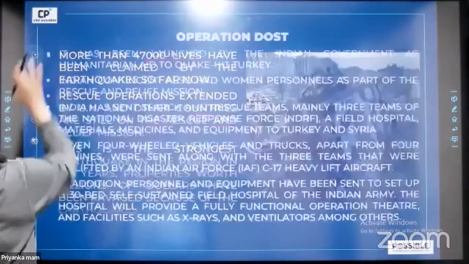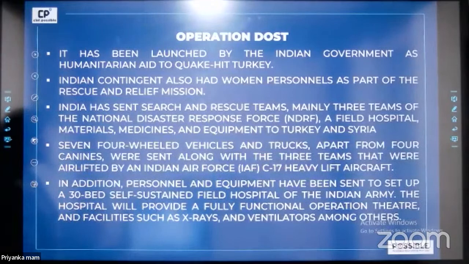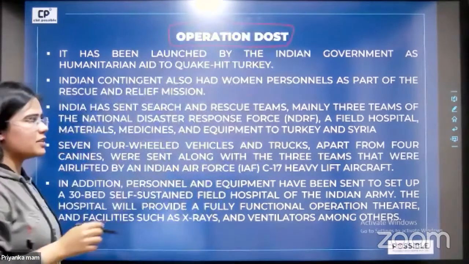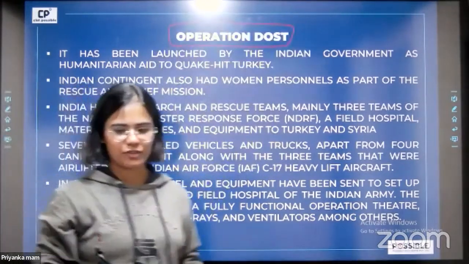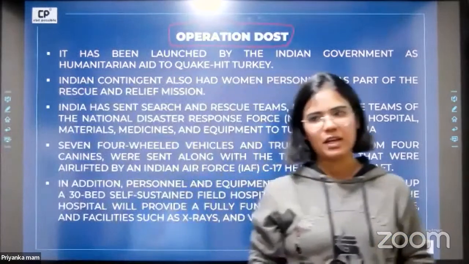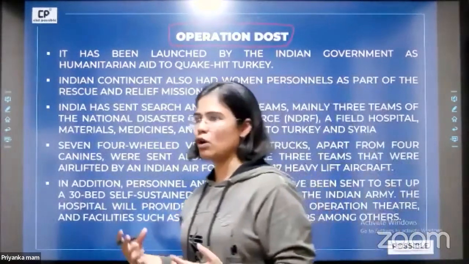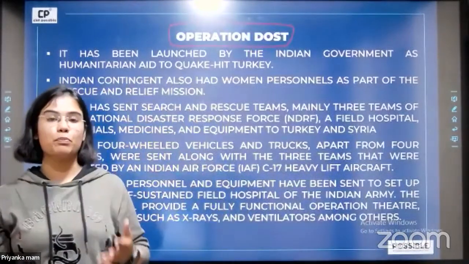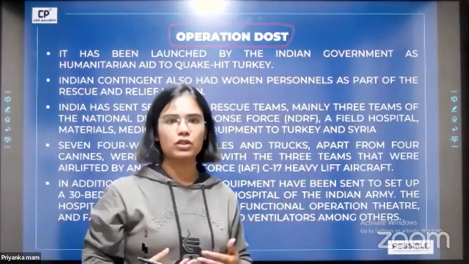Okay. So Operation Dost. Somebody had already written it in the comments, so I'm so glad that you guys are aware of it. It's a humanitarian step. It's okay if you're a country that opposes us in an international organization. It's okay if you support certain countries we don't support.